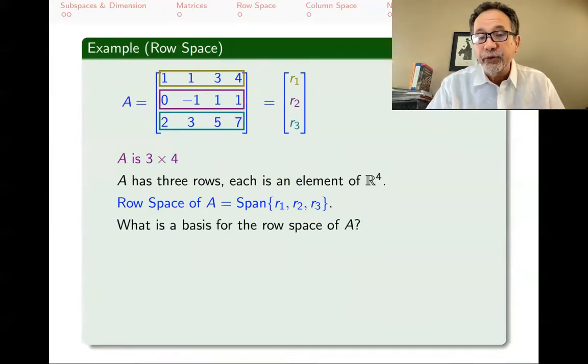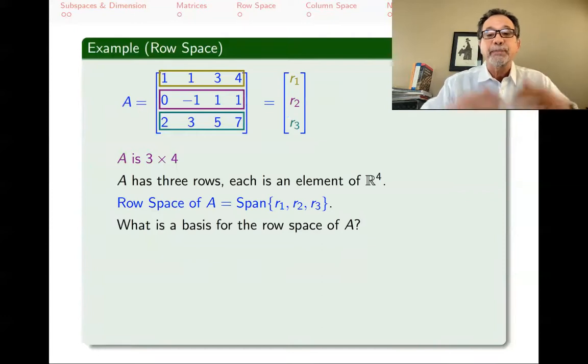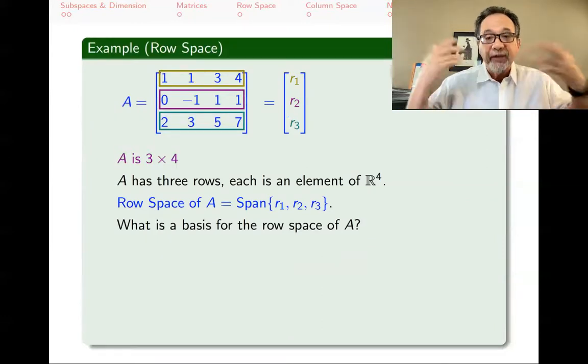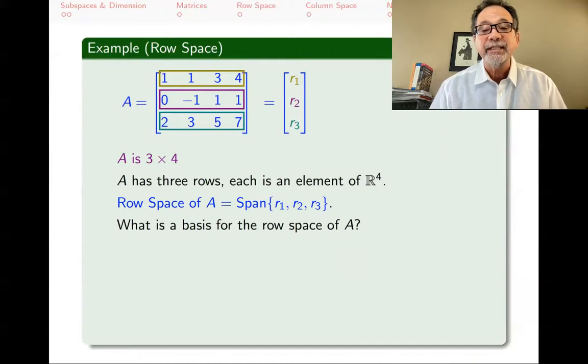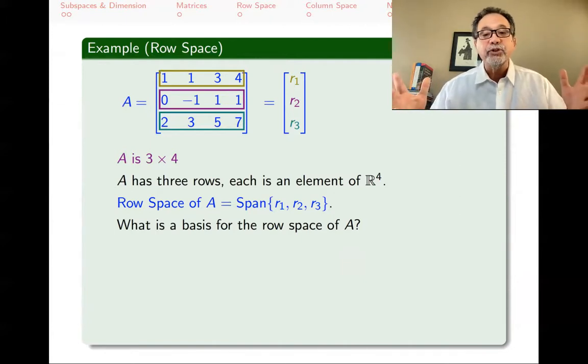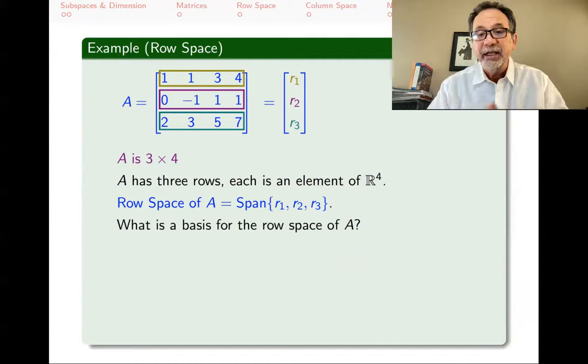What is a basis for the row space? These 3 vectors span it. Their linear combinations give us all the elements in the row space. But what's a basis for the row space? To have a basis, you have to have not only a spanning set, but a linearly independent set. But we have a theorem called the contraction theorem, from a previous video, that tells you that whenever you have a spanning set in a vector space, you can contract it to a basis by going through the elements one by one.